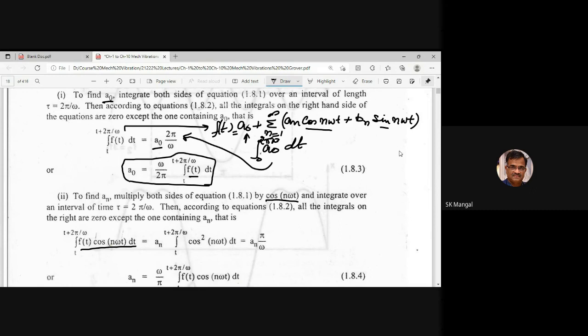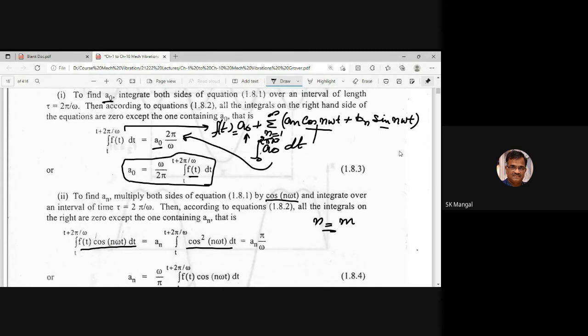That term is cos square n omega t when n is equal to m, and cos n omega t sin n omega t is 0 for every value of n. The cos square n omega t integral gives 1, and for all the others you again have a 0 value.